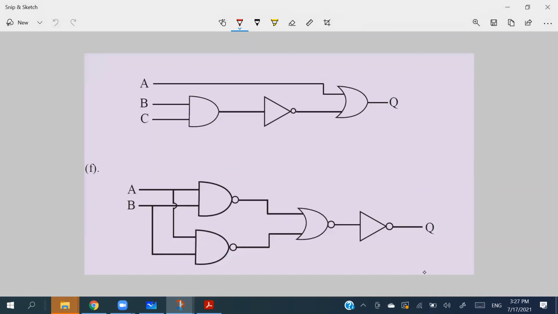All right, so now you receive A over here because it has nothing, and here it is B and C. This has B.C. Then once it is moved through the NOT gate, it's B.C bar, and this is an OR gate. The OR gate is going to give you A plus B.C total bar.